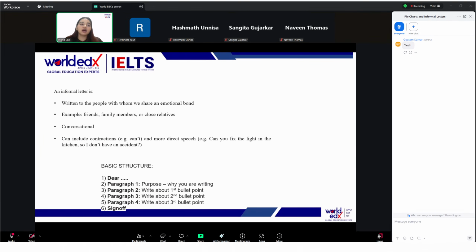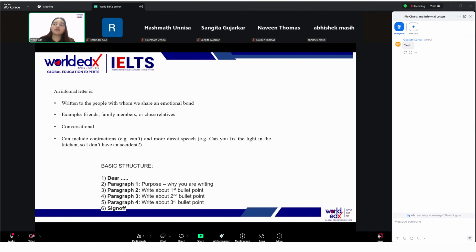Let's go. So an informal letter is a letter which is written to your family, relatives, and people who share a very close bond with you. They are almost like a family to you. That's why we use informal. And as you can guess from the word informal, the vocabulary also needs to be informal. Now, who do we write informal letters to?